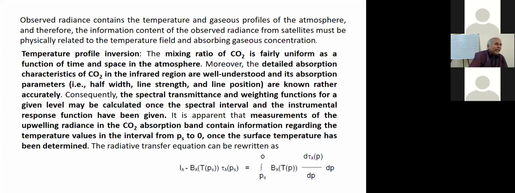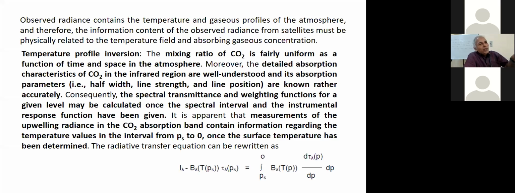Now, any radiation radiated by the lower portion of the atmosphere at 15 micrometer, which has the strongest absorption, is most likely going to be absorbed by the overlying atmosphere before it reaches the satellite radiometer, and hence will not make any contribution.